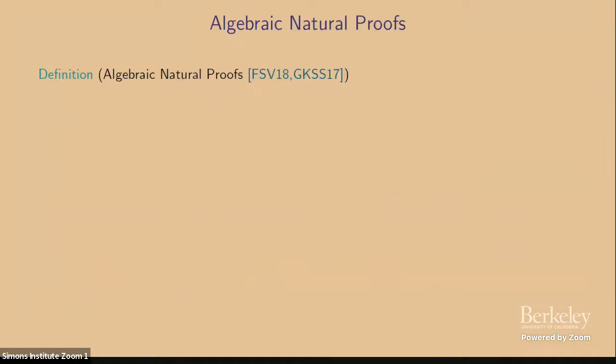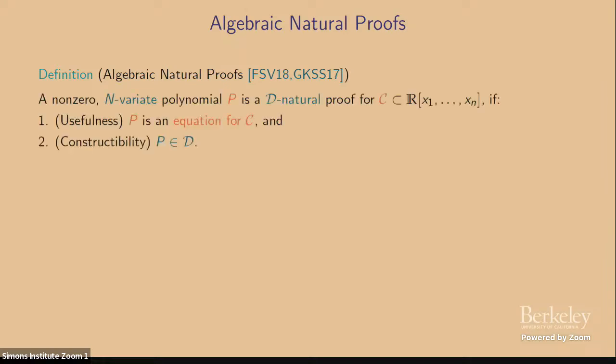This is exactly the motivation behind the works of Forbes, Shpilka and Volk, and Grochow, Kumar, Saks and Saraf. Both works came almost at the same time and gave the same definition, as Marcus had pointed out in the morning. They define what is called an algebraic or algebraically natural proof.